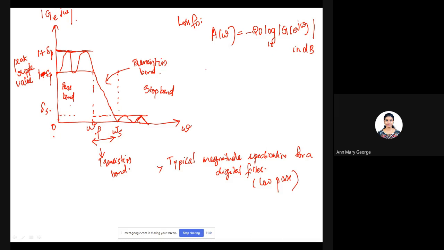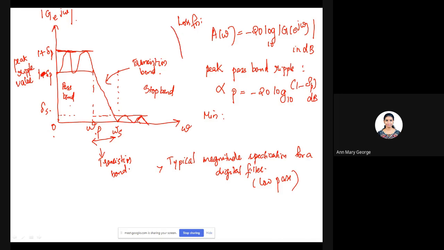And also the peak pass band ripple, alpha p, will be equal to minus 20 log 10 of (1 minus del p) decibels. Please write these equations correctly.